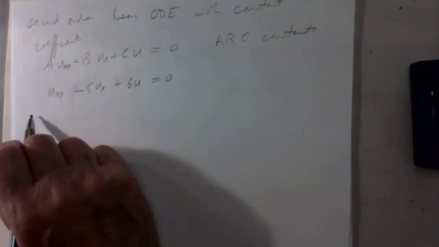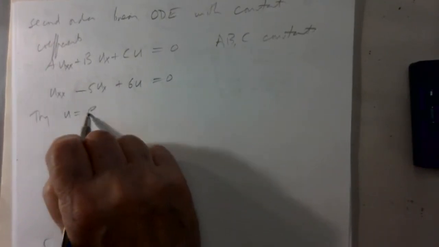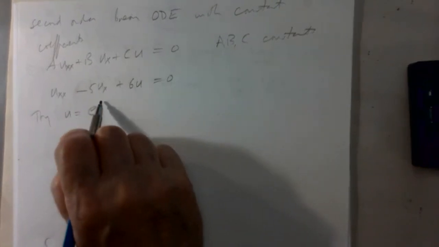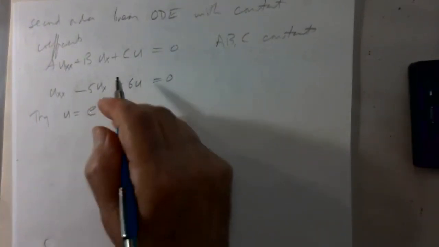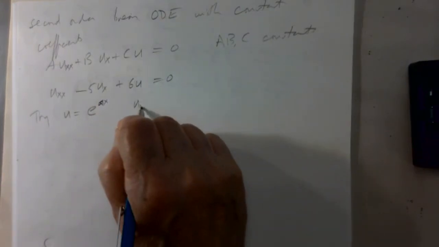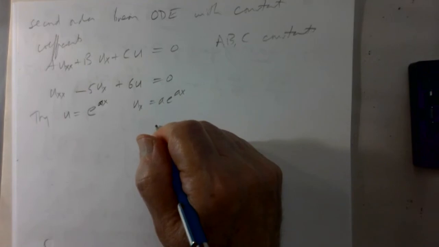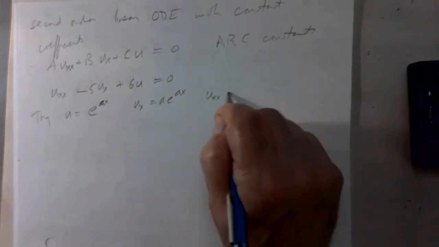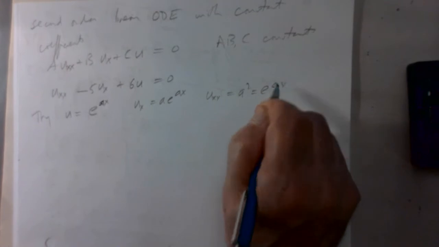And functions that people like, elementary functions, are, for example, exponential functions. So let's say we try a function u equal e to the ax. If u is e to the ax, the derivative is a e to the ax. And the second derivative is a squared e to the ax.